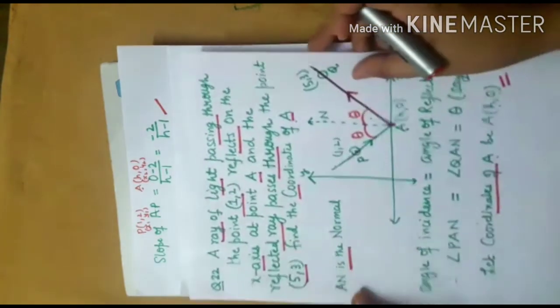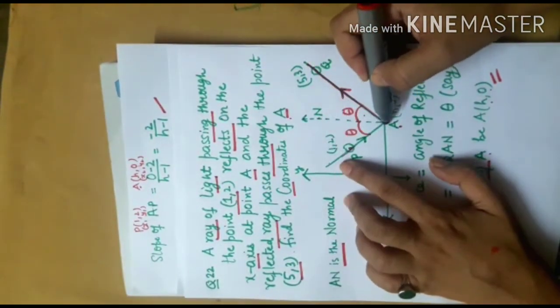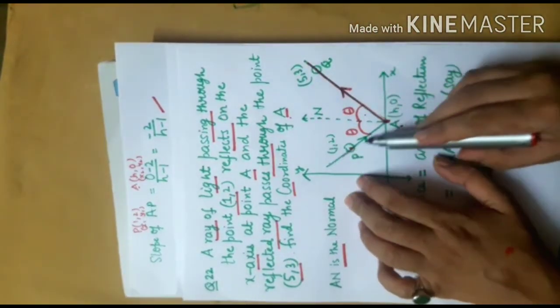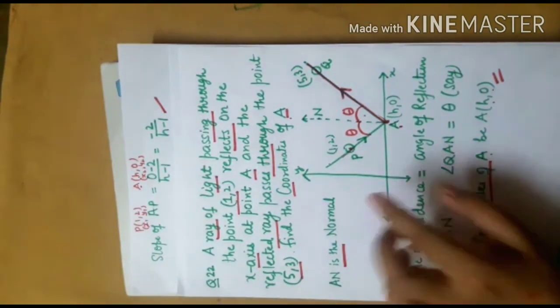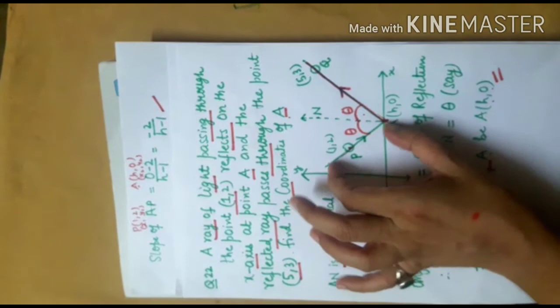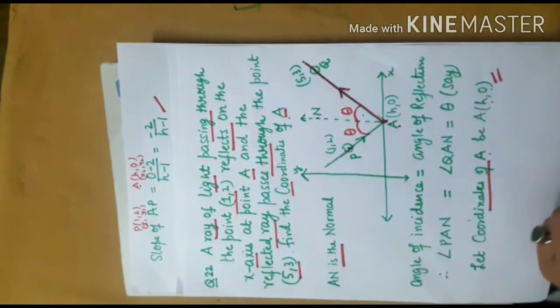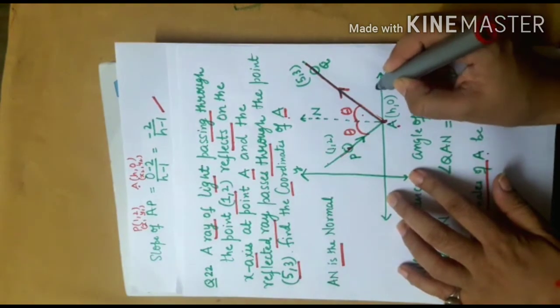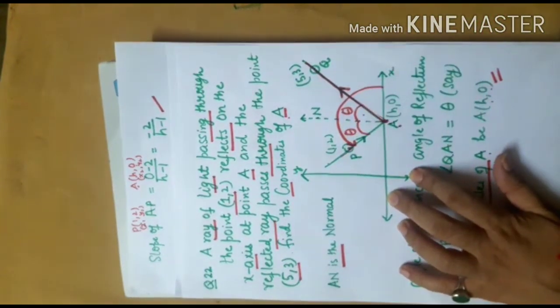Now look here. If I ask you, what is the angle of inclination of this line PA? That is the angle formed by this line with the positive direction of x-axis in the anti-clockwise direction. It will be this angle, right?